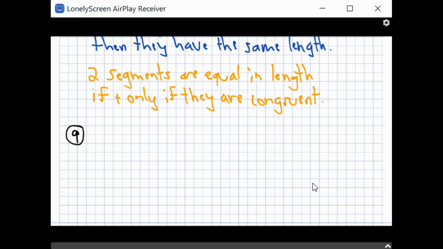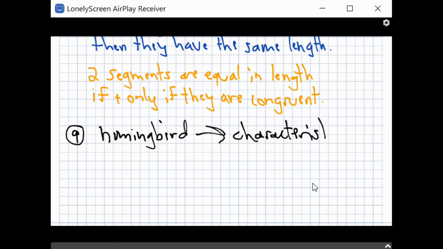So your main ideas, I'll just kind of sketch it. Your main idea is you have hummingbird, and then you have this big long list of characteristics, which I will write out, but it'll take me a little while. And so we can start our if and only if statement.